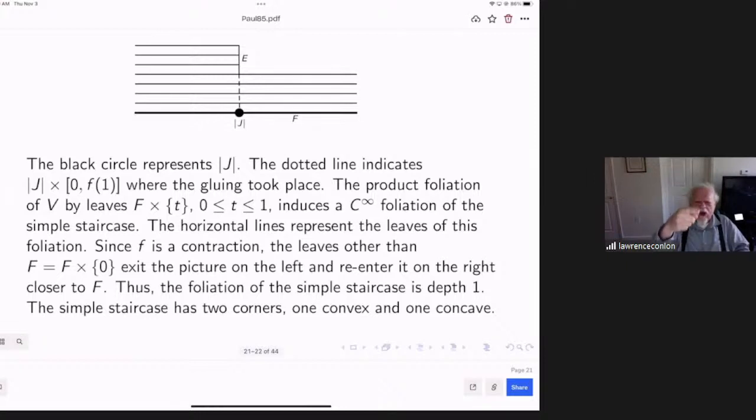E is called the entrance to the staircase, and F is called the floor of the staircase. Now, since f is a contraction, this is a depth 1 foliation. Okay, I think we can go to the next slide.